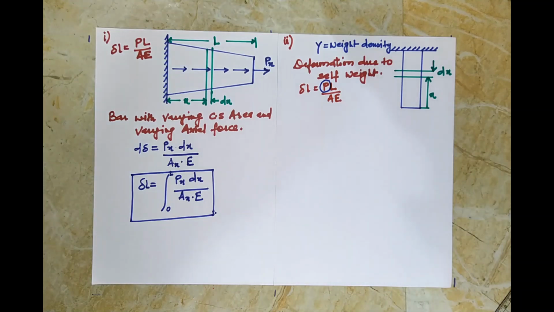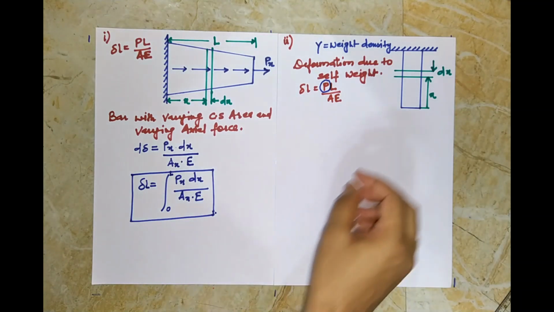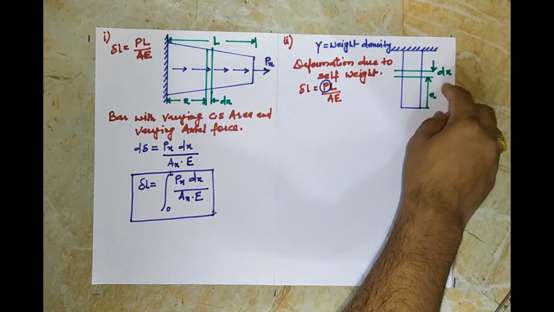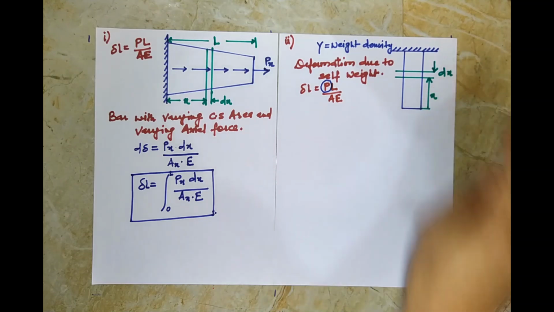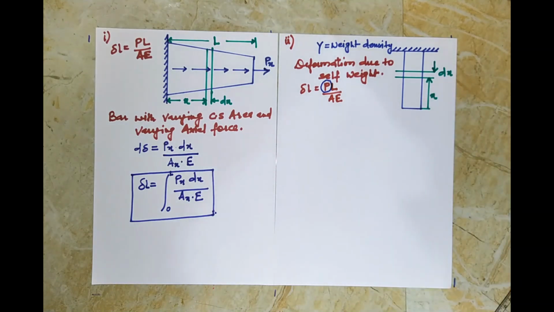E is a property of the material. Now we'll again take an elementary volume from here and consider the length of the element as dx. Let us calculate the elementary change in length of this element dx.